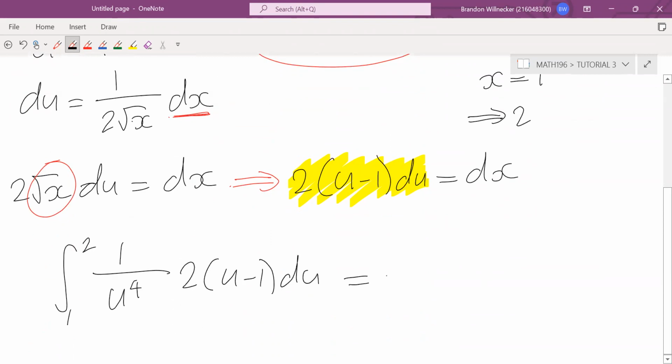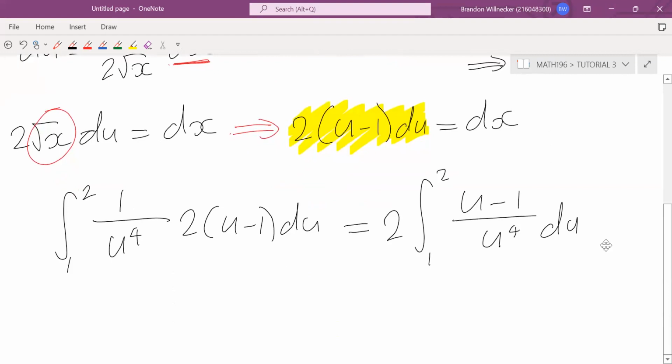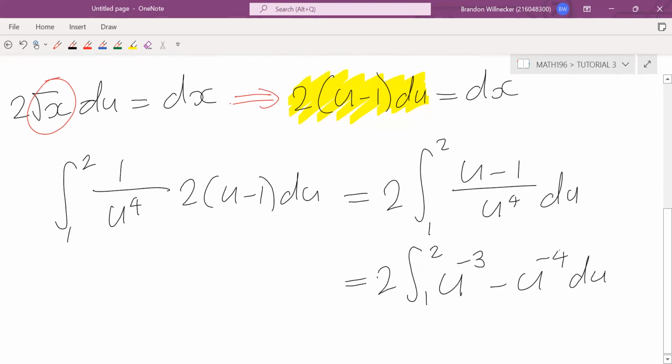Okay, so we can clean this up a bit. So this will be 2 times the integral from 1 to 2 of (u minus 1) over u to the 4 du. Okay, so after dividing by u to the 4, this just becomes a very simple power rule. So this will be 2 times the integral from 1 to 2, u over u to the 4, that's going to be u to the minus 3, minus 1 over u to the 4, that's going to be minus u to the minus 4 du.